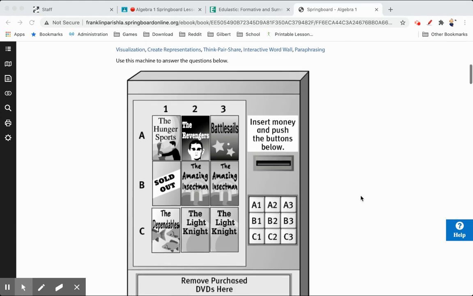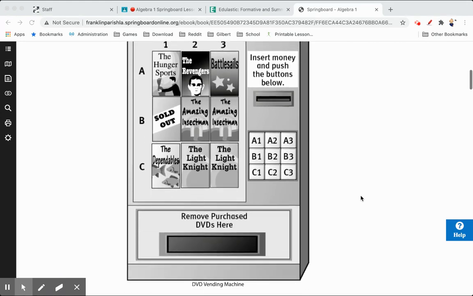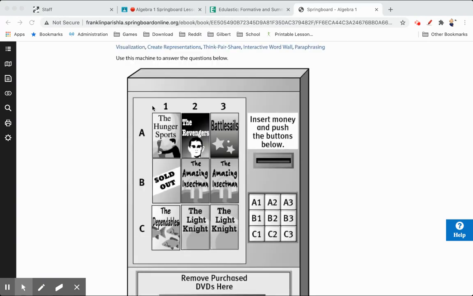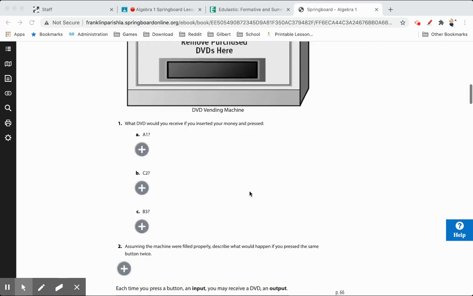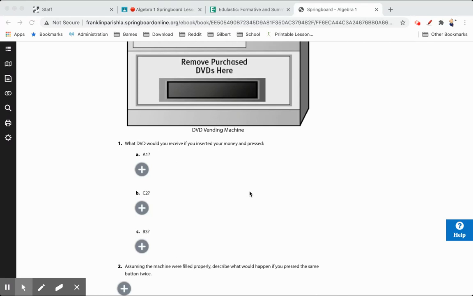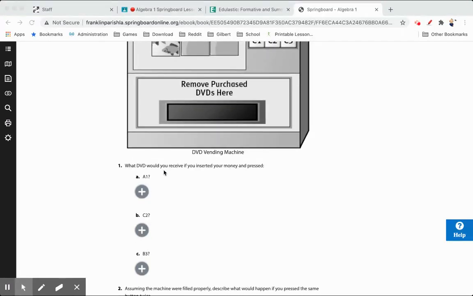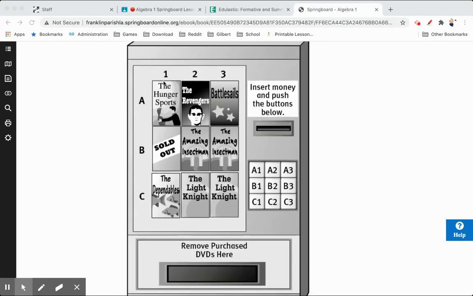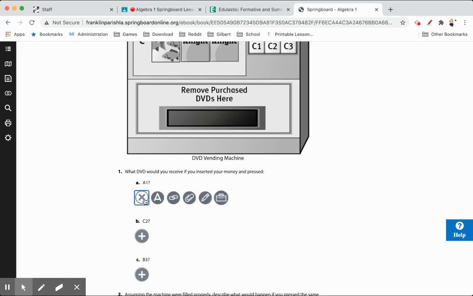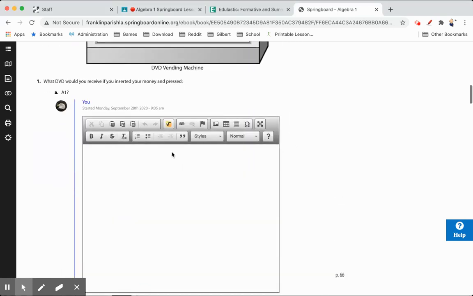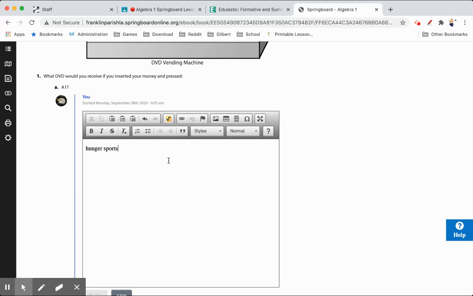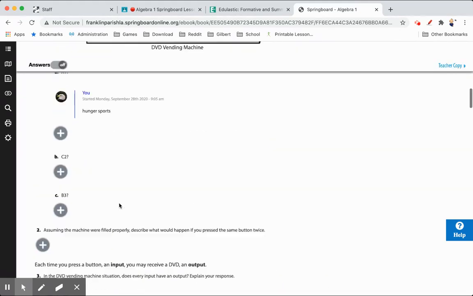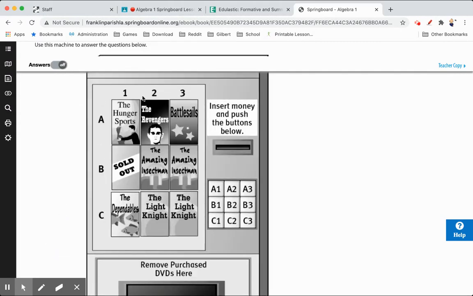So let's look at this vending machine, and we're going to use it to answer the questions below. You'll see a row at the top and a column going up and down. What DVD would you receive if you inserted your money and pressed A1? Well, we come over here to A, and we get A1, The Hunger Sports. Simple. B, C2.